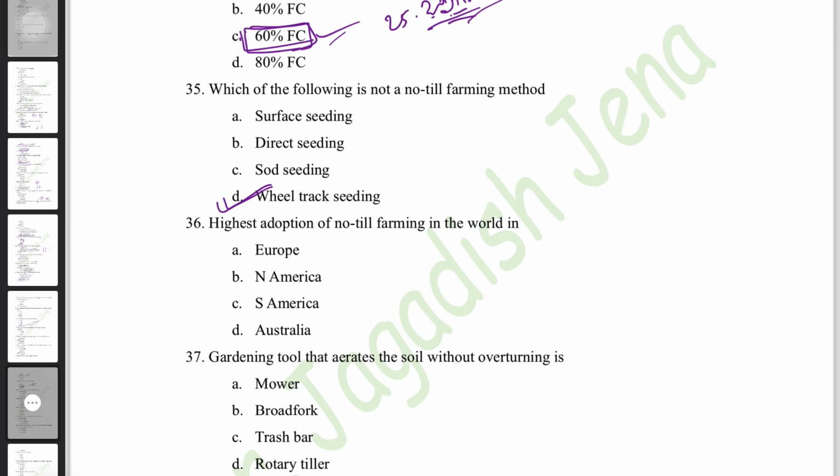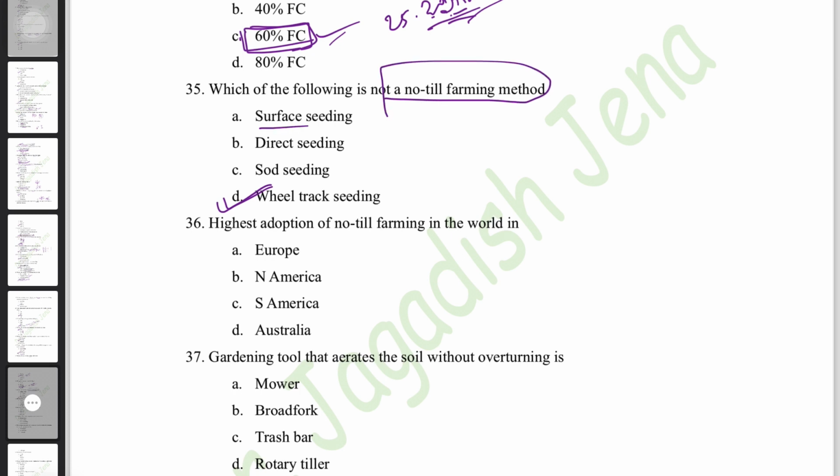When the machine runs, the weeds are suppressed by the wheels, and in that wheel line, where the wheel goes, the sowing itself is done. That is called wheel track seeding, and that is not a no-till farming method.